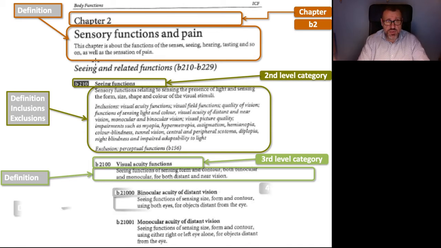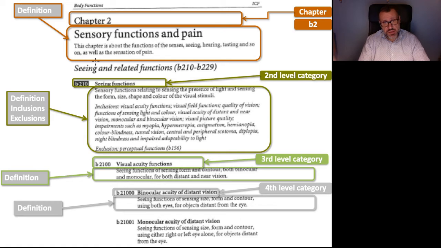And finally, within each third level category, we may have several fourth level category, like for instance B210, binocular acuity of distant vision, B210, monocular acuity of distant vision, and so on and so forth. Again, the fourth level categories are followed by a definition.